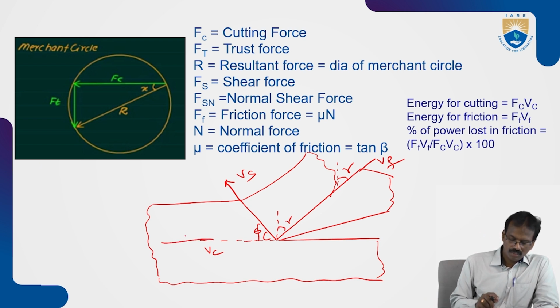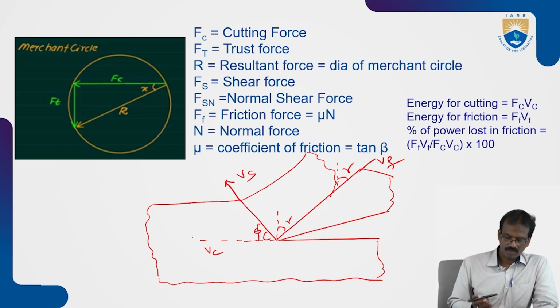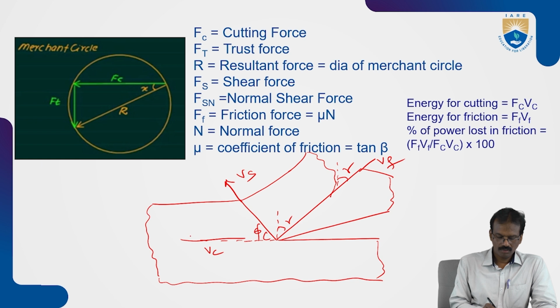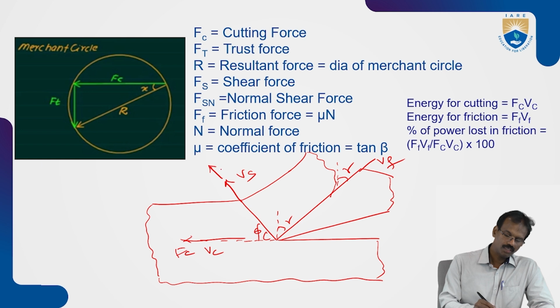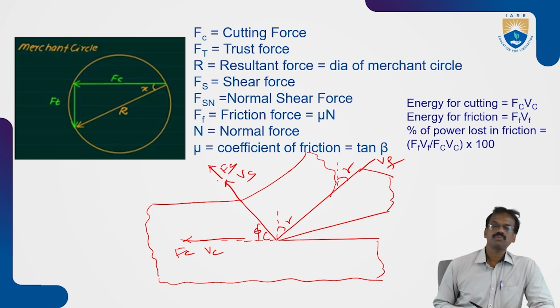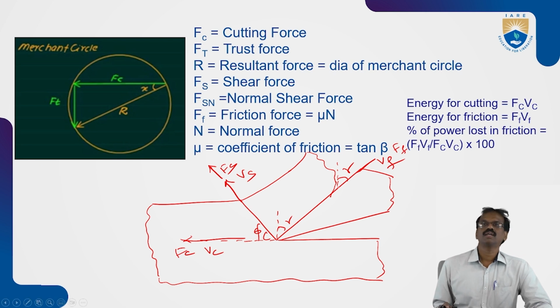That is FC, cutting force. Similarly, in this direction we'll see the shear force. With respect to the rake face surface, here we'll see the frictional force F, the frictional force between the chip and the rake surface.